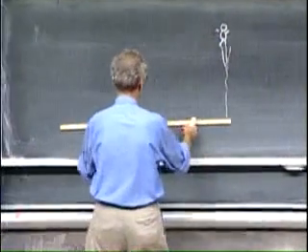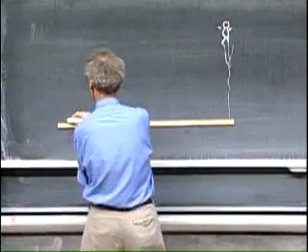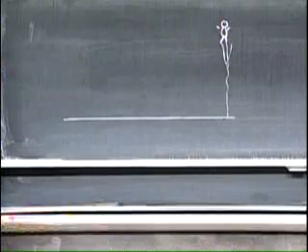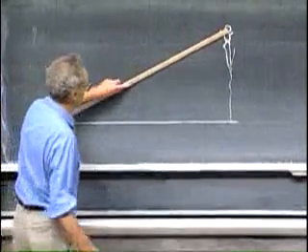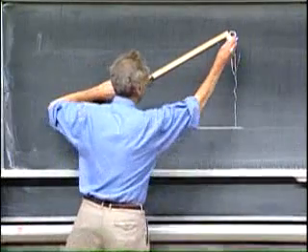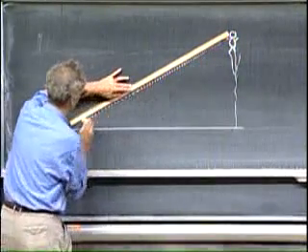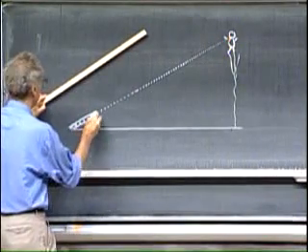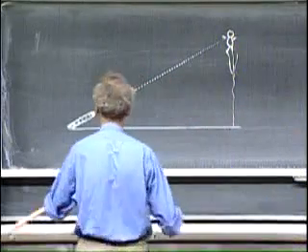And here is a hunter who never took 8.01, and he has a gun which is a golf ball gun, and he aims that gun right at the monkey. He shoots it with a certain velocity, the golf ball.